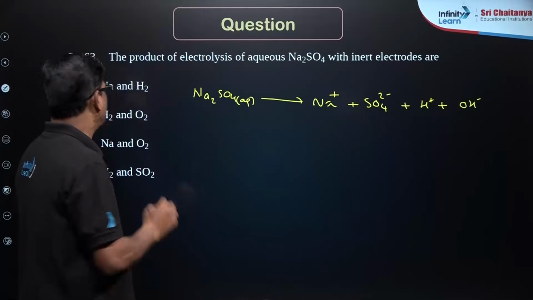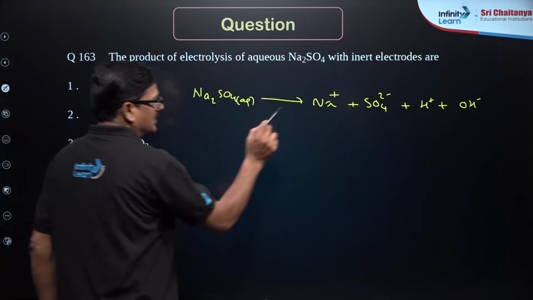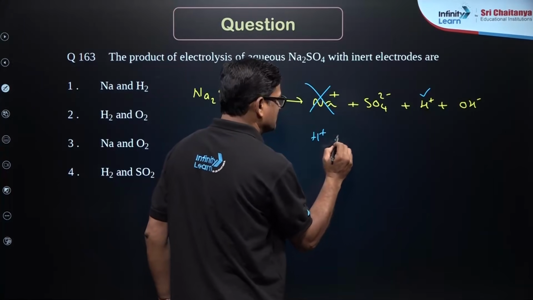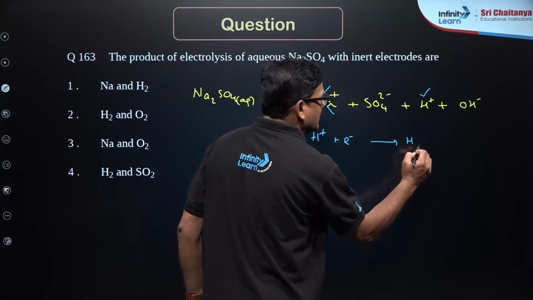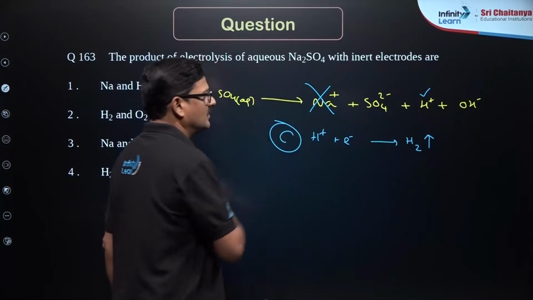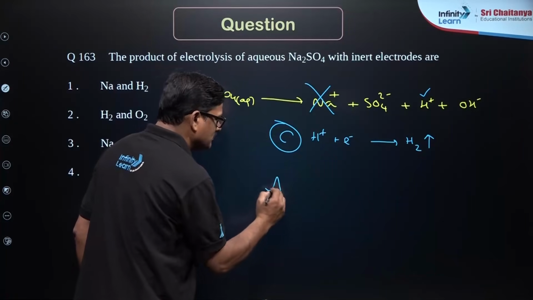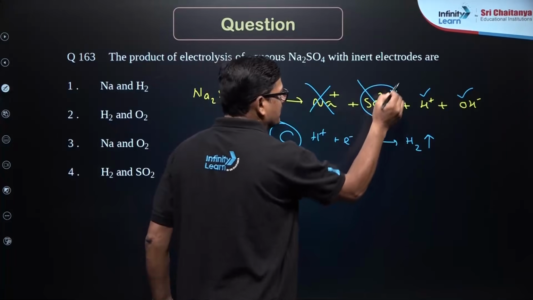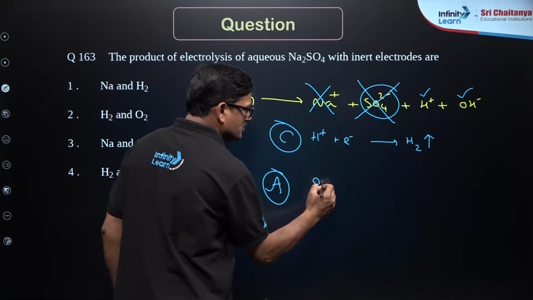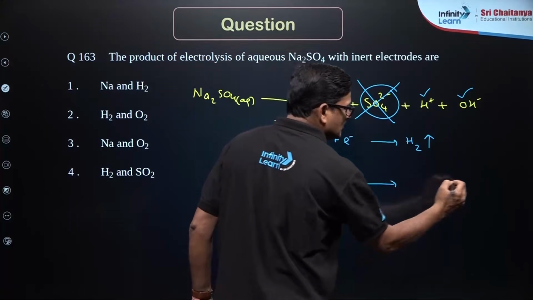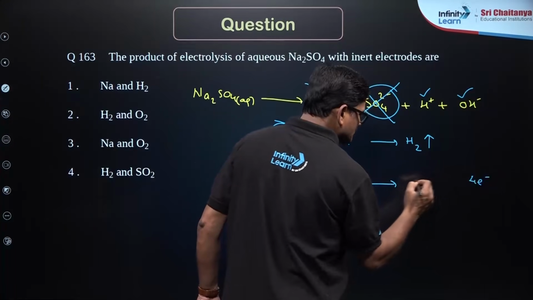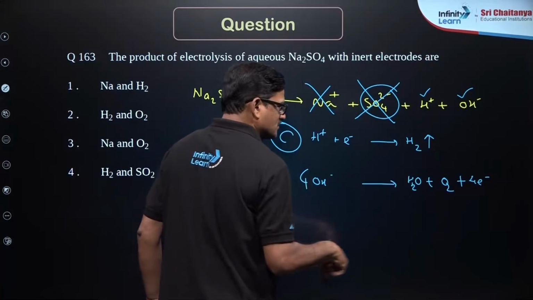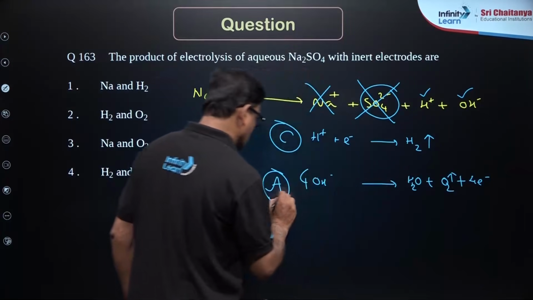So in the presence of H plus, Na plus will not be deposited and H plus is going to give rise to hydrogen gas at cathode, and at anode OH minus is going to be discharged, sulfate will not be, so that OH minus is going to lose electrons and it gives rise to H2O and oxygen is liberated, so that oxygen is liberated at anode.